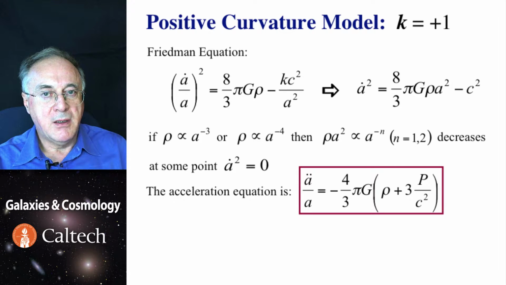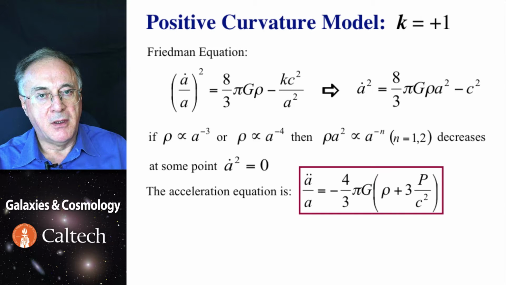Since on the right-hand side we have a term that looks like that, minus a constant, sooner or later that whole side, the right side of the equation, has to be 0. When the time derivative of scale factor is 0, that means that it's either at the maximum or at the minimum. However, look at the expression for the acceleration.